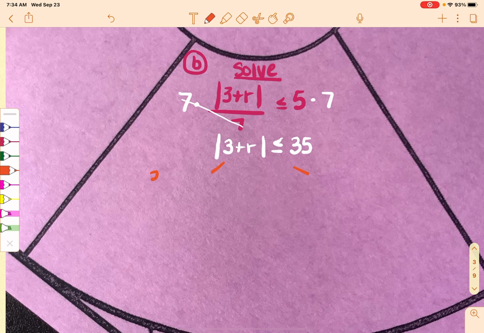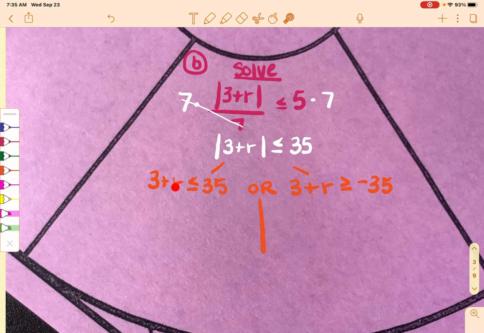So the first time through, we write it just the way it is, just without the absolute value bars. Now the second time through, I'm going to flip this inequality and flip this 35 to a -35. So 3 plus r is greater than or equal to -35.